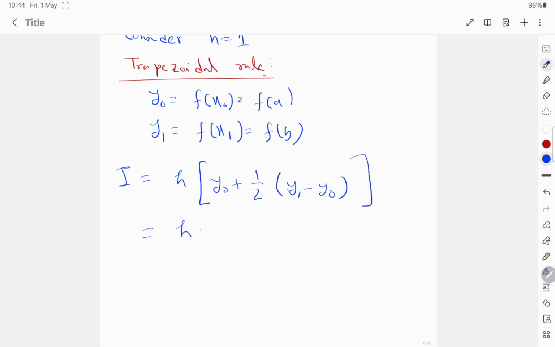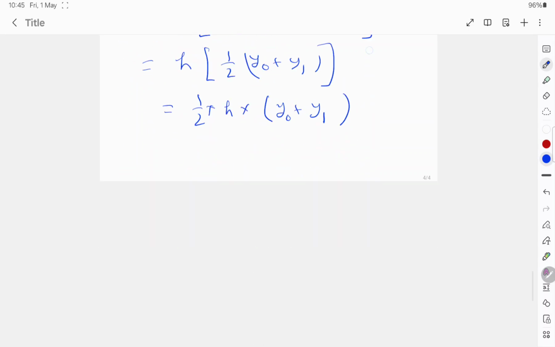So this is half into h into y0 plus y1, so basically h by 2 into f(a) plus f(b).